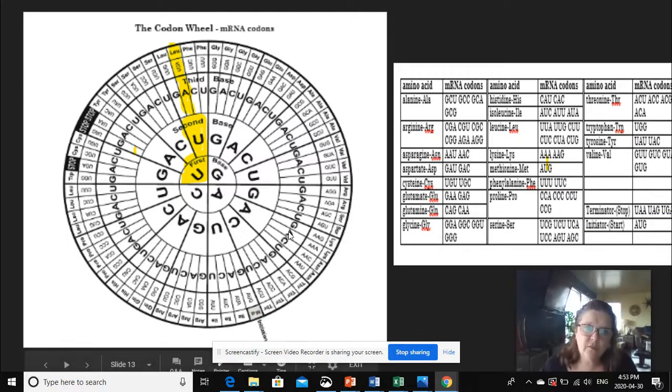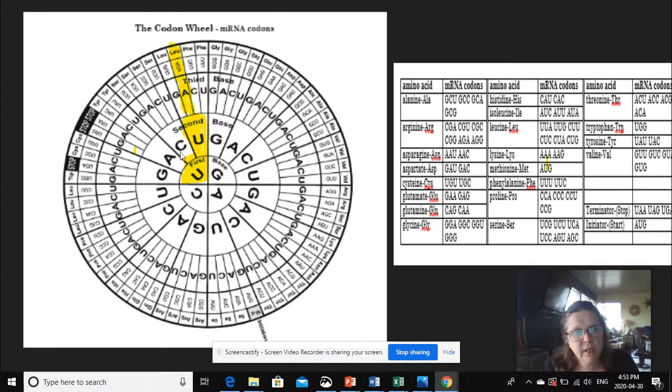So our first one was UUA. So we would look in the middle here where it says first base, and that's U. Our second base is U, and I've highlighted it here. And our third base is A. Okay, so it is LEU, and that's going to be leucine.